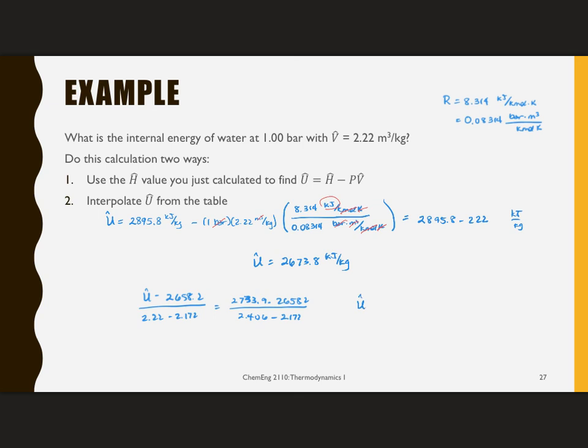Using this method, U is equal to 2673.7 kilojoules per kilogram. Now, the last digit is different, but from the tables we expect that we can get to 4 significant figures always, and we should use those. The 5th digit is in doubt, and that is where we see a difference.